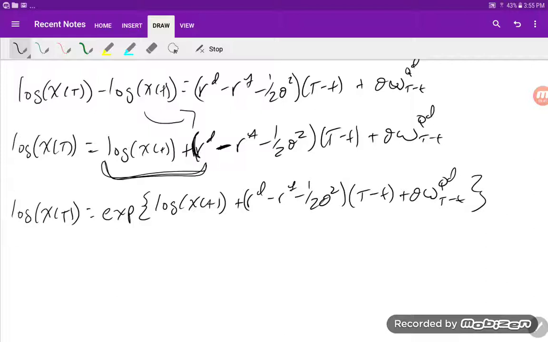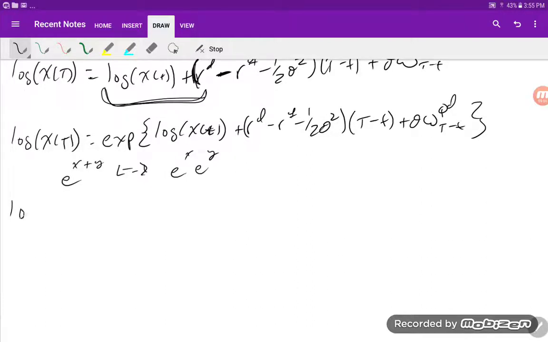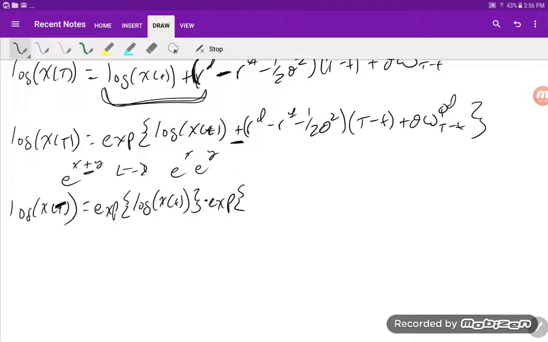Alright, now recall that basically if you have something like exponential of x plus y, you can just rewrite that as exponential x times exponential y. So in that regard, we can rewrite this big T as equal to exponential of log x at little t times exponential of that, because we have this plus here, so it's the same type of idea.